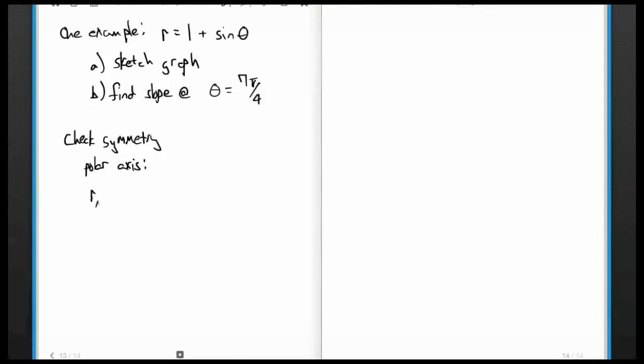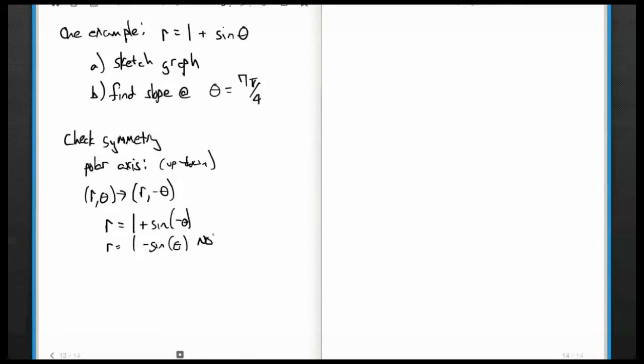So r theta should go to r negative theta. So this is up-down symmetry. If we plug that in, r equals 1 plus sine of negative theta, which gives us r equals 1 minus sine of theta, and that doesn't work.